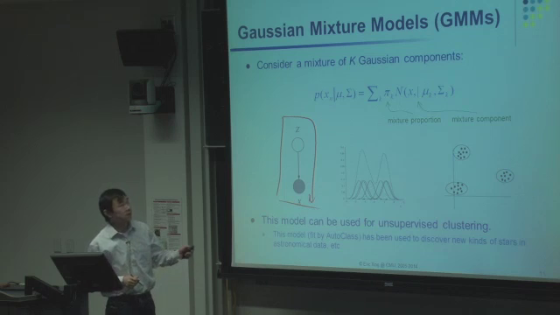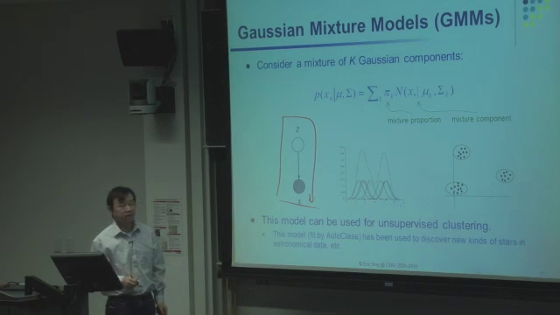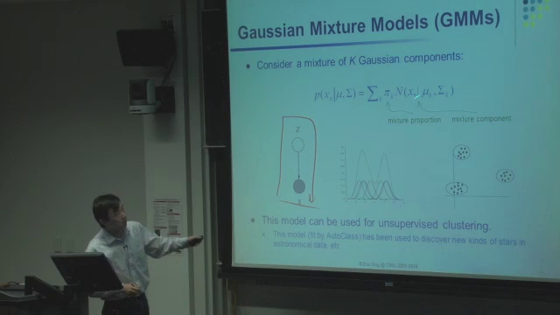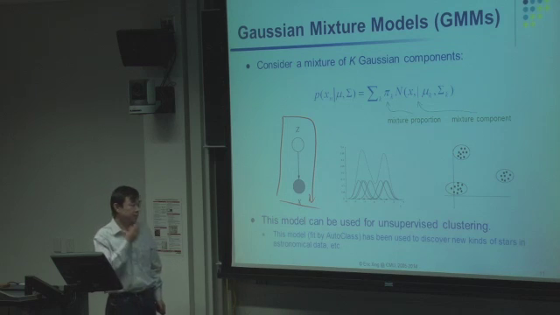And as I said, the density function of this kind of distribution is now written as a weighted sum of specific densities under a single Gaussian function of that data point. Some terminology: this is called the mixture proportion, or mixture weights, and this is called the mixture components.